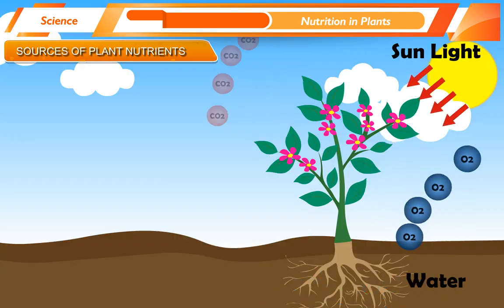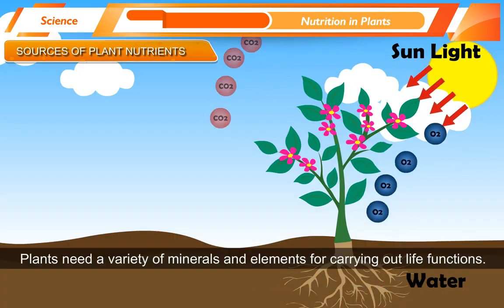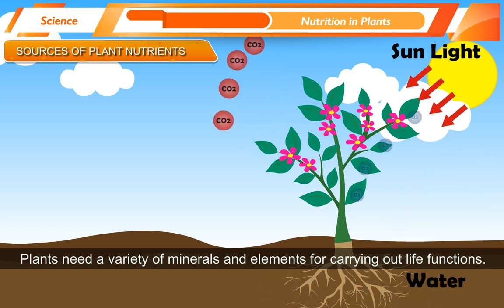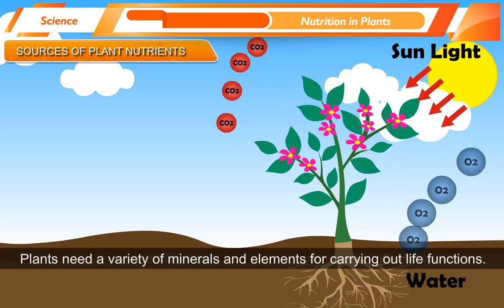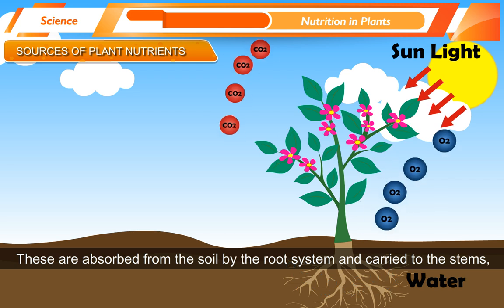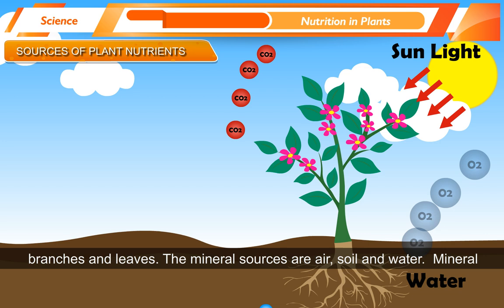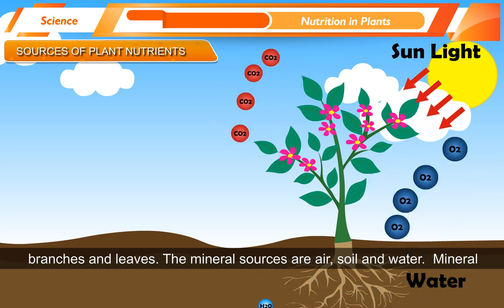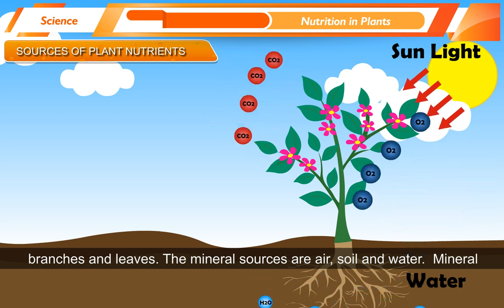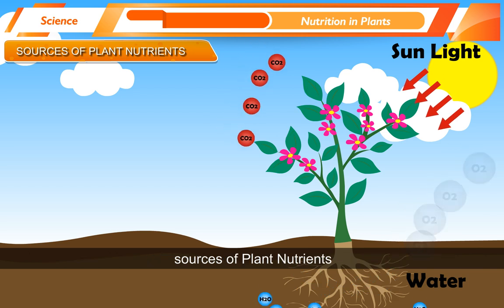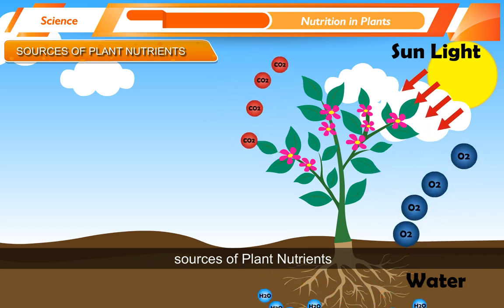Sources of plant nutrients. Plants need a variety of minerals and elements for carrying out life functions. These are absorbed from the soil by the root system and carried to the stems, branches, and leaves. The mineral sources are air, soil, and water. Mineral sources of plant nutrients.